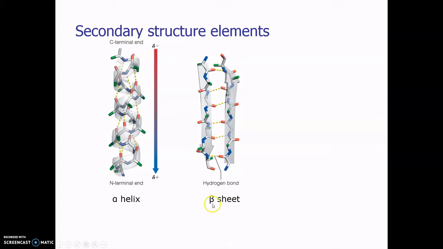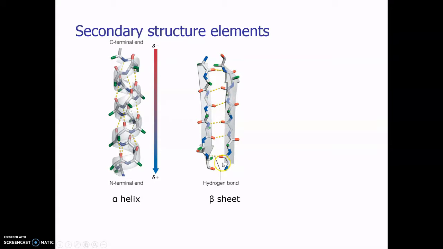Here we have a beta sheet. You can see here that the beta sheet is essentially a fully extended version of a polypeptide. And a single aspect of that is called a beta strand. When you have two beta strands that are next to each other, they form a beta sheet because they can again form hydrogen bonds between the backbones.